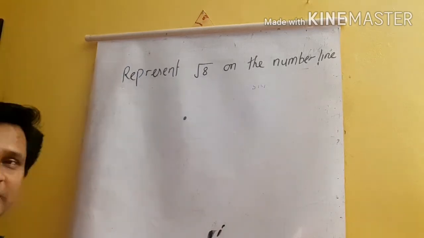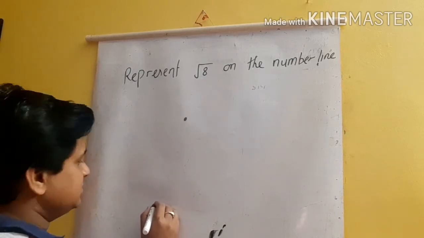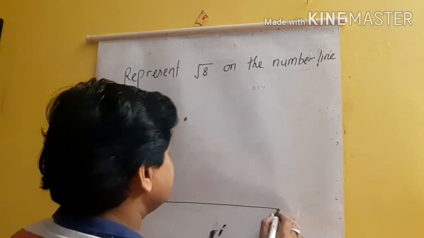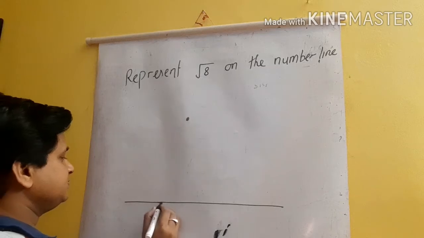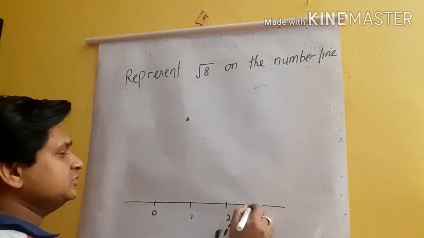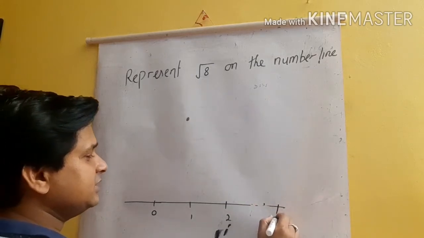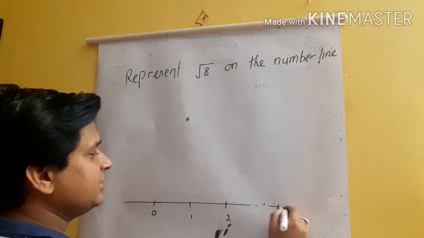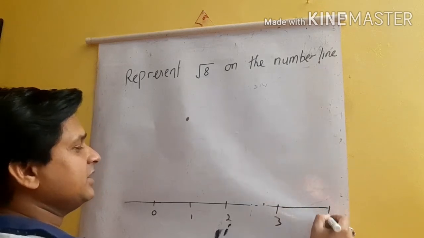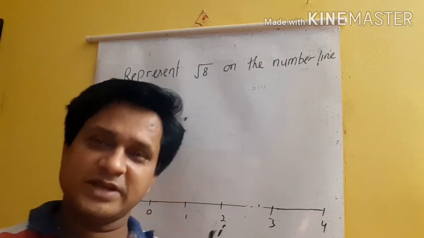How to represent root 5? I just told you. In case of root 5, first you will draw a line. You will mark 0, 1, 2, 3 at equal distance. Okay. Now to represent root 5, what was the base? Base was at 2.